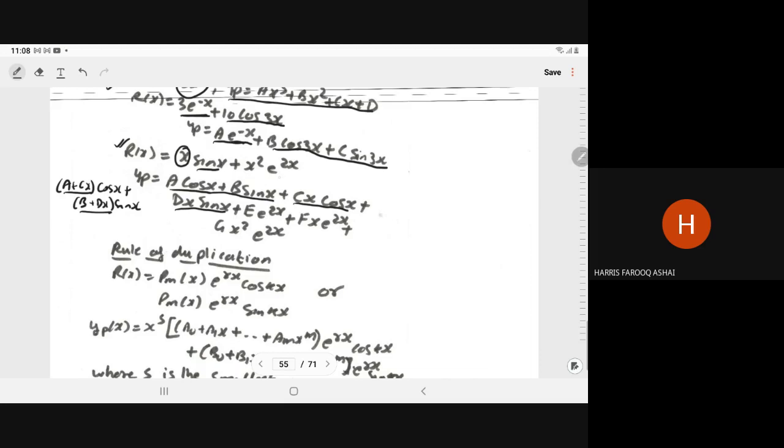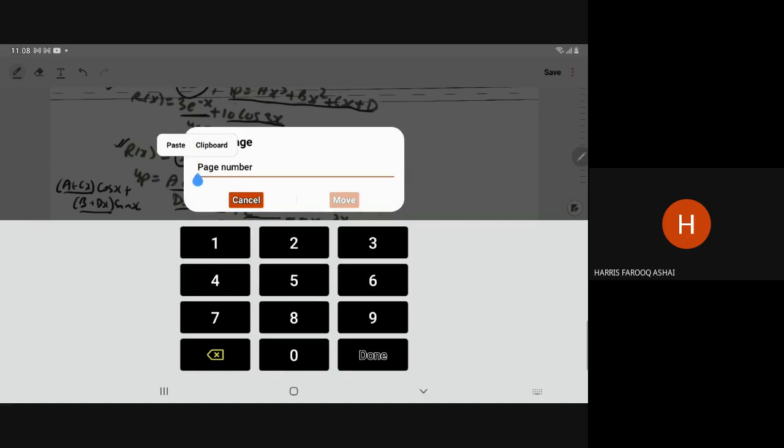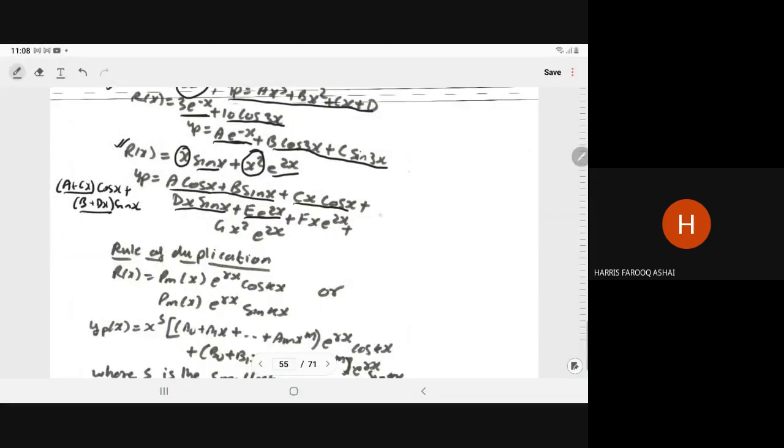Similarly, for e to power 2x, due to the multiplication of x square, we multiply with the polynomial, meaning this can be written as (E plus Fx plus Gx square) into e to power 2x.